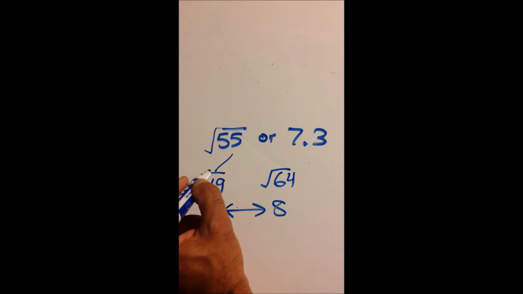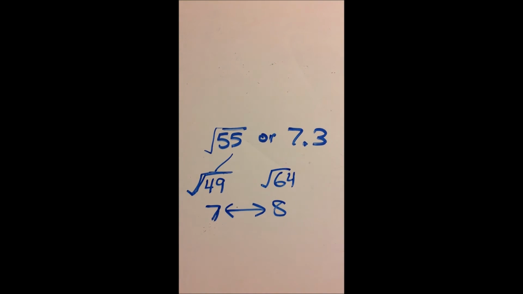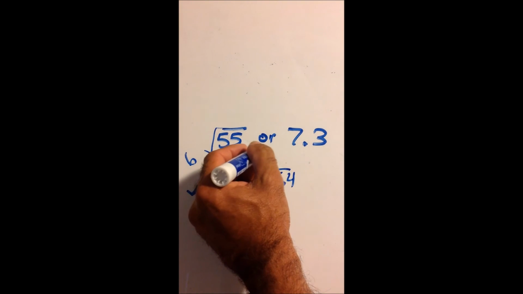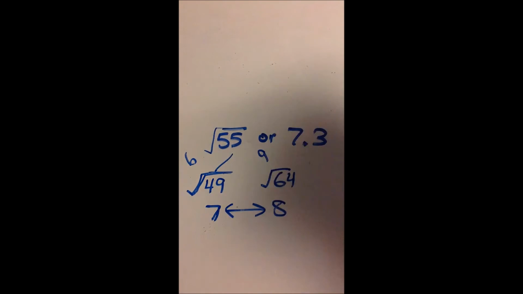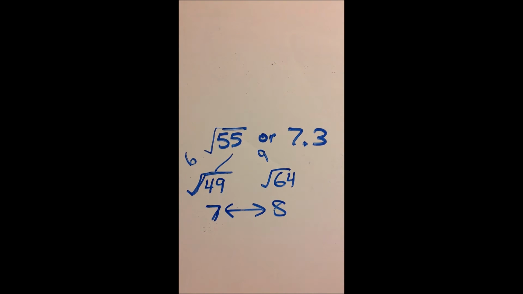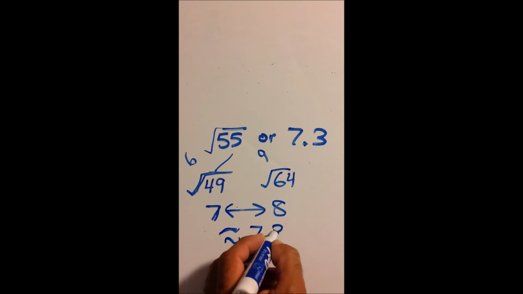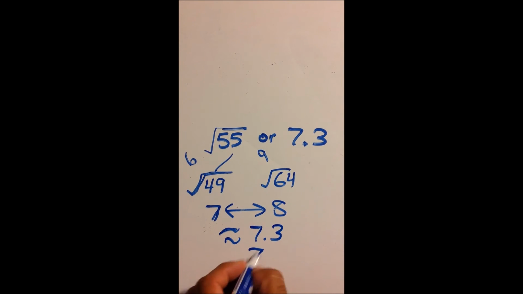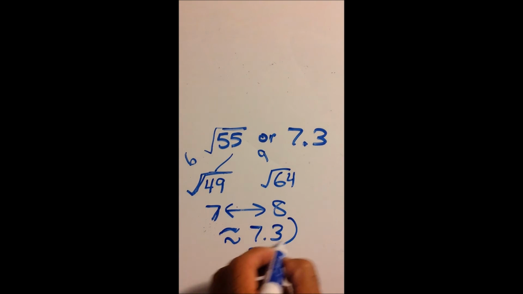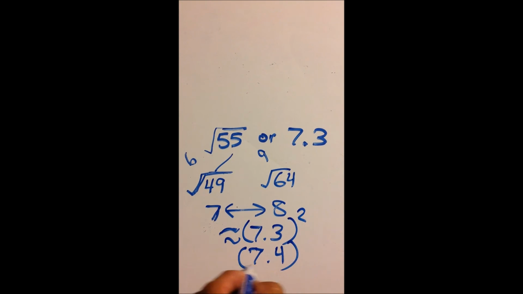It's closer to the square root of 49. It's 6 away from that, but 9 away from there. So it's about 7.3 or maybe 7.4. If you square 7.3 and 7.4, you'll know what it's closest to.